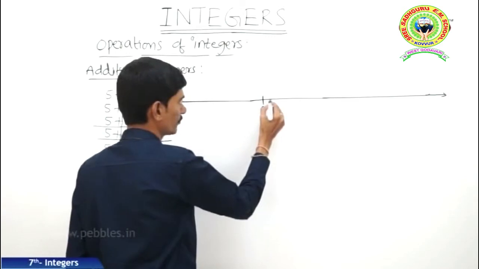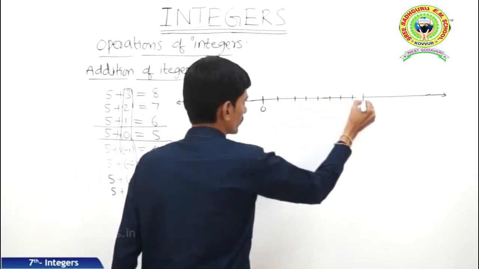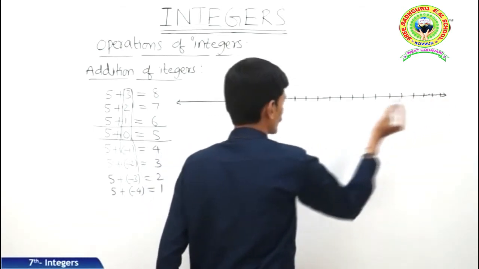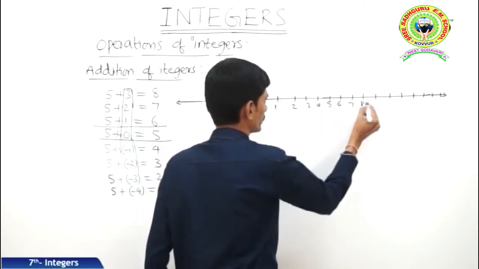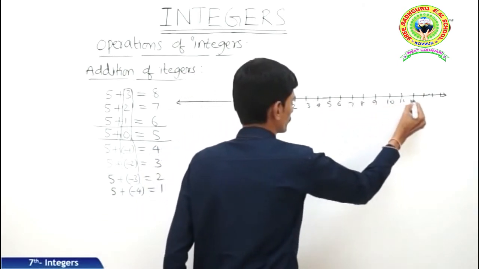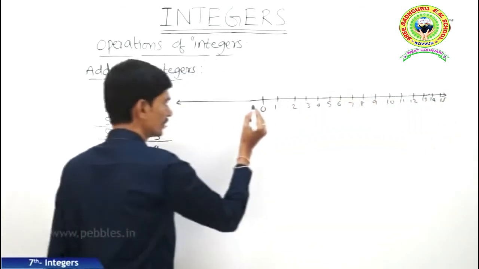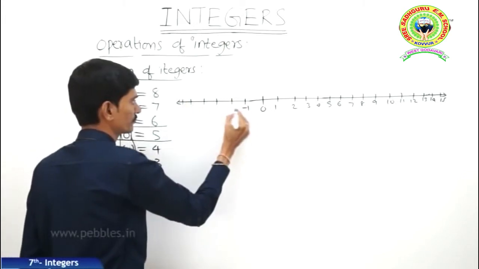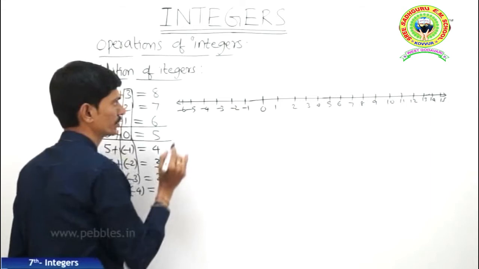On the number line, in the middle we take 0, then to the right side of 0 we take all positive integers 1, 2, 3, 4, 5, 6, 7, 8, 9, 10, 11, 12, 13, 14, 15, and to the left side of 0 we take negative integers such as minus 1, minus 2, minus 3, minus 4, minus 5, minus 6 and so on.